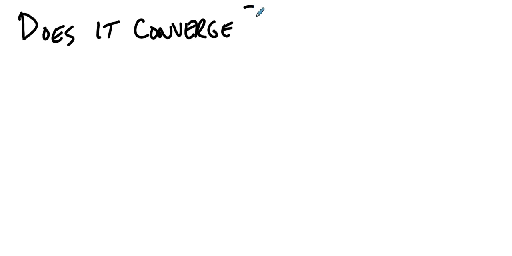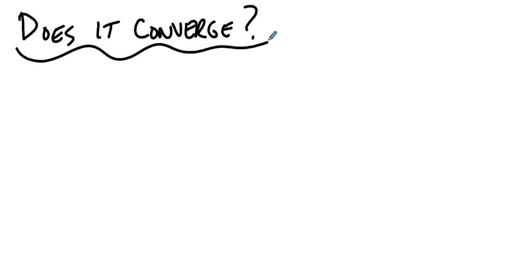So the last thing for us to consider is a question that's going to vex us for a month. Does it converge? What do we mean when we say that a sequence converges?